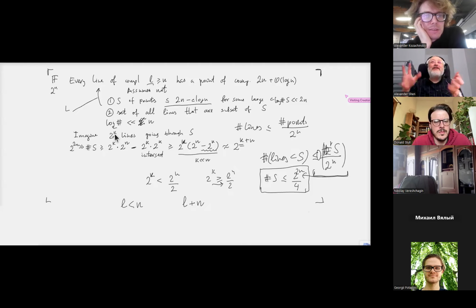We cannot economize on this because the lines have only one point in common.